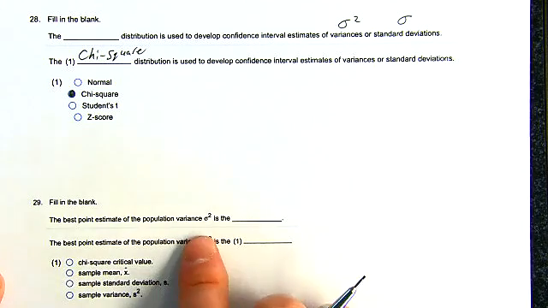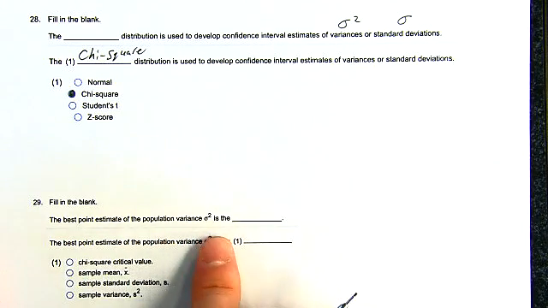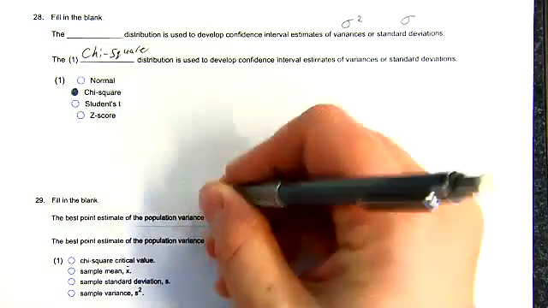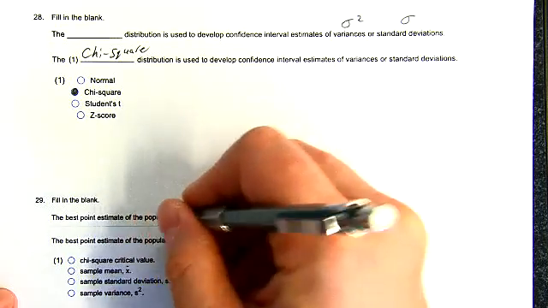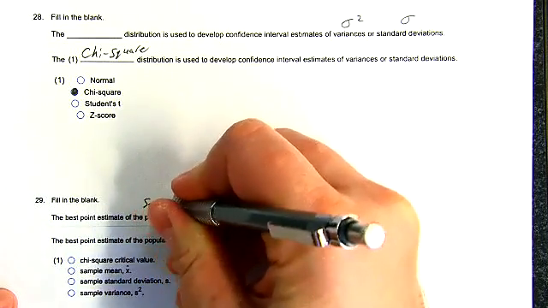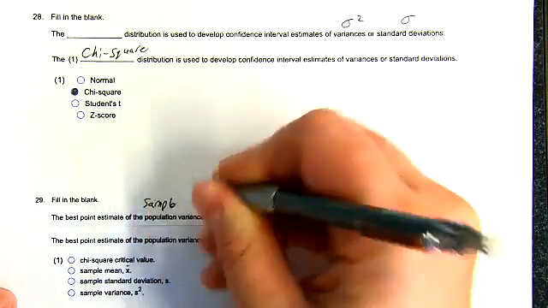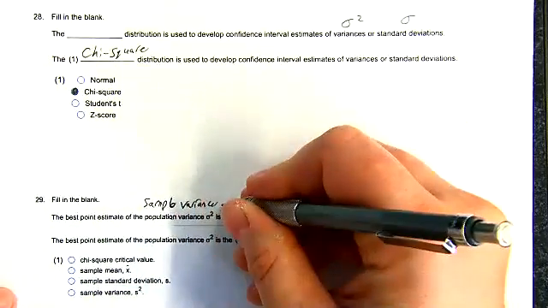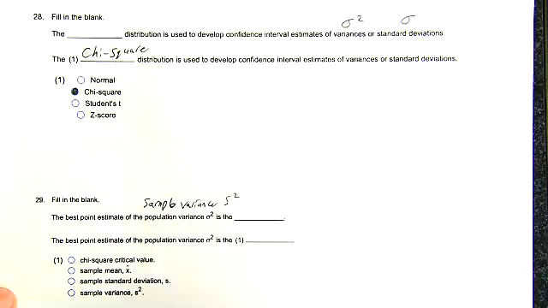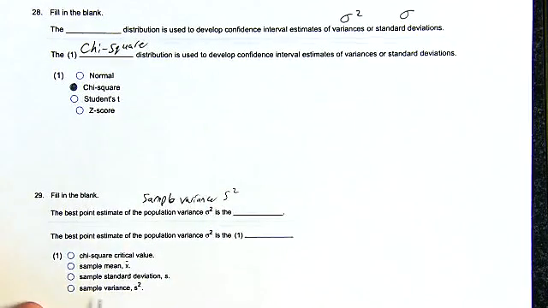The best point estimate of the population variance is the blank. We always use samples to predict population. So the best estimate of a population variance is a sample variance. And the symbol for sample variance is S squared. So it would be this one here, sample variance S squared.